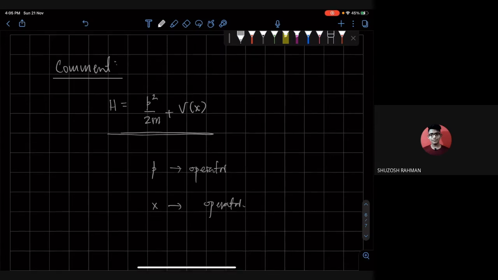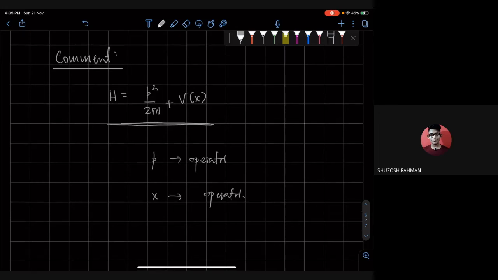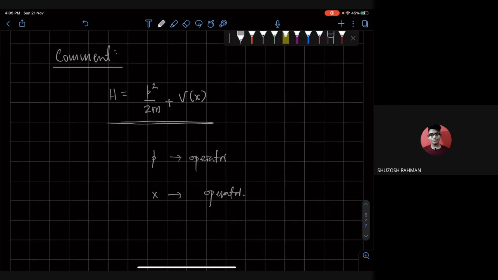And the consequence of them being operators is that you cannot measure them simultaneously. So as a result, when you have a non-trivial potential energy, the total energy and the total momentum is not something you can measure simultaneously, okay?